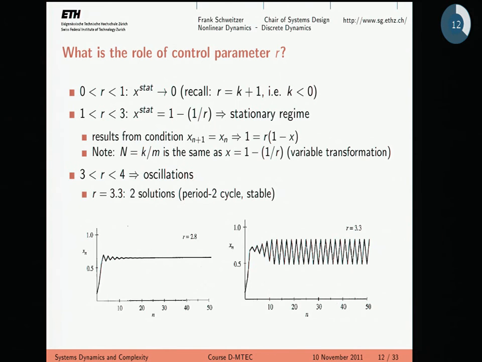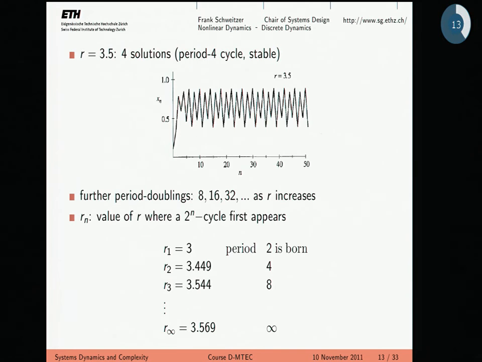So look what happened. From a 2-period cycle for 3.3, we went to a 4-period cycle for 3.5. This is called period doubling. When you increase r, you double the period of the cycle. And it can be shown that as you increase the value of r, you double the period of the cycle in this way.